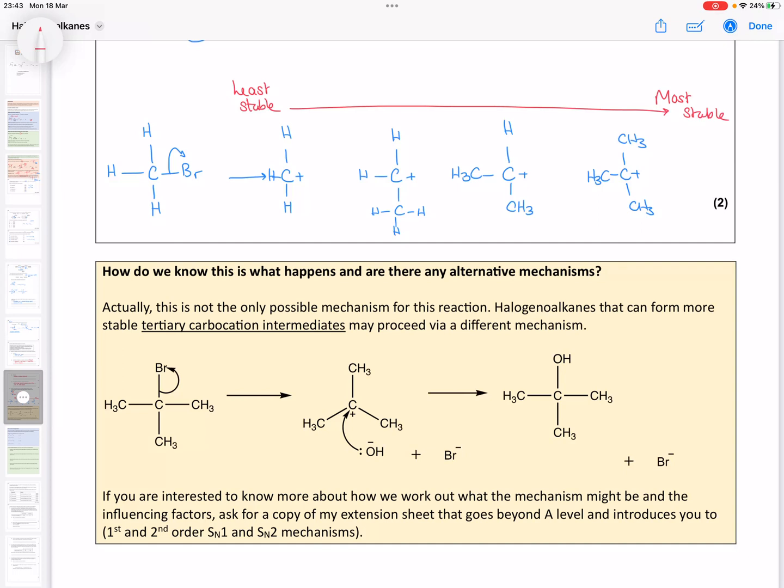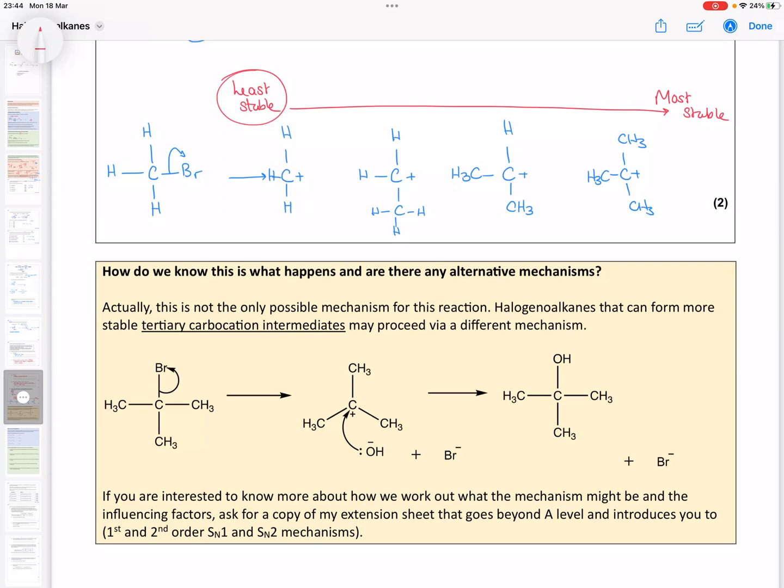So the mechanism that we've been learning at the moment, the nucleophilic substitution mechanism, which shows the nucleophile coming in and simultaneously the leaving group, the bromine, chlorine or iodine, leaving as bromide, chloride and iodide, is happening in most of the cases where it's less stable, so towards the left hand side.